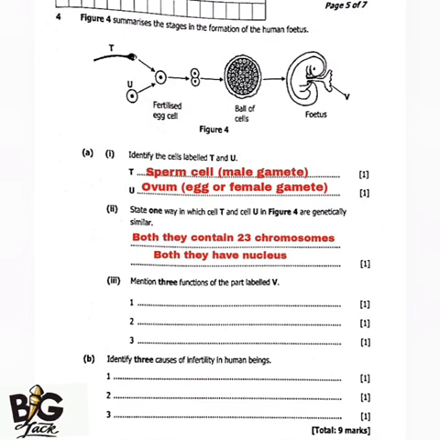Then Roman numeral 3 is saying mention three functions of the part labeled V. The part labeled V is called the placenta. The first function of the placenta is secretion of hormones, for example growth hormone.